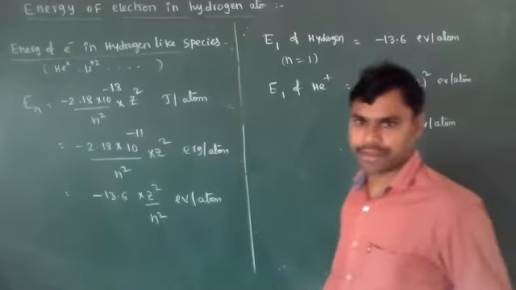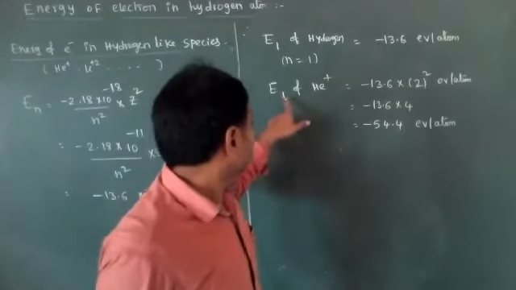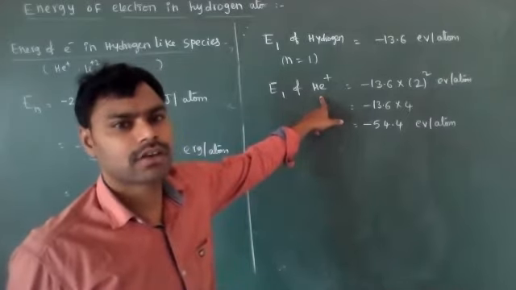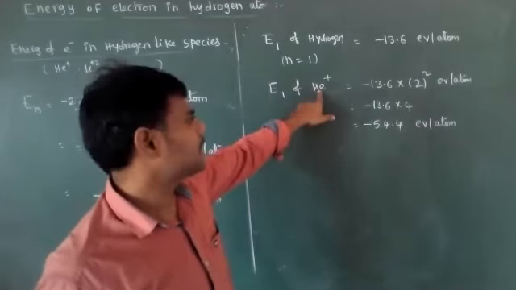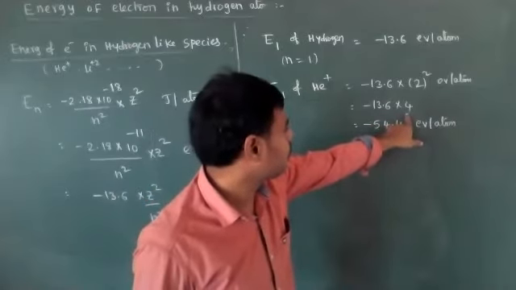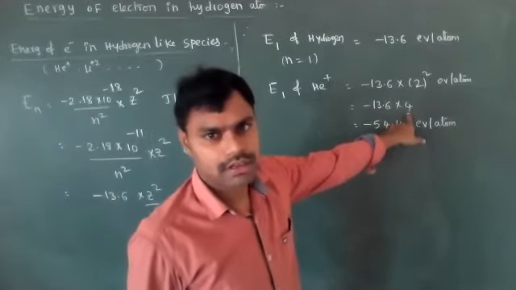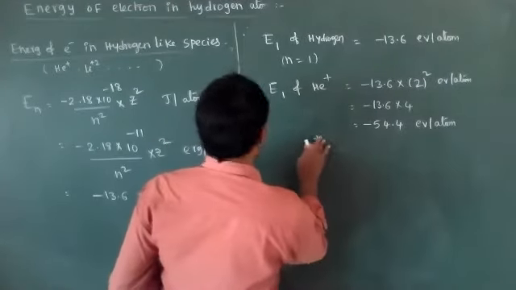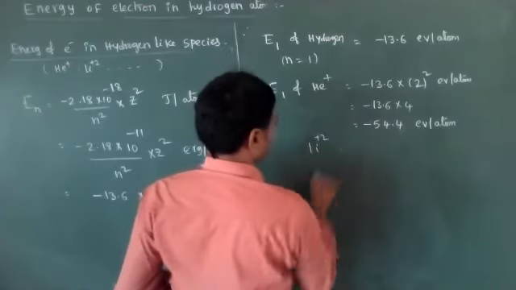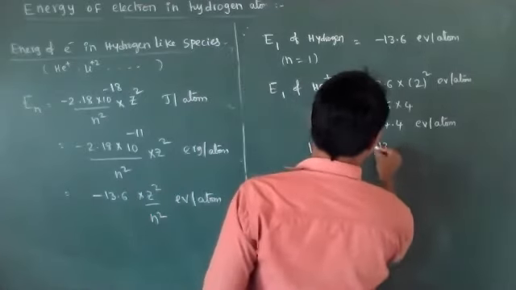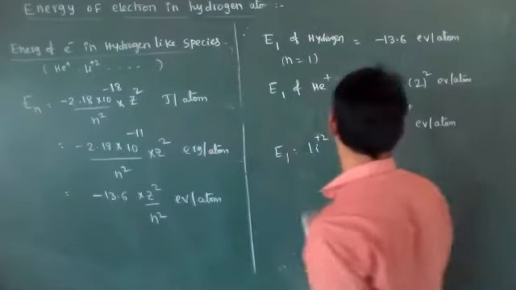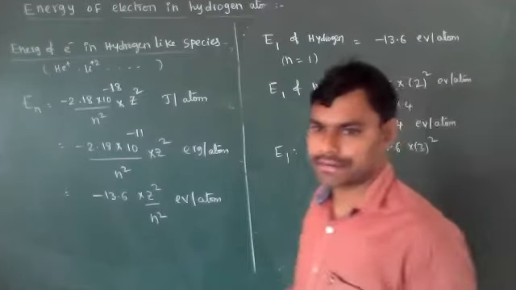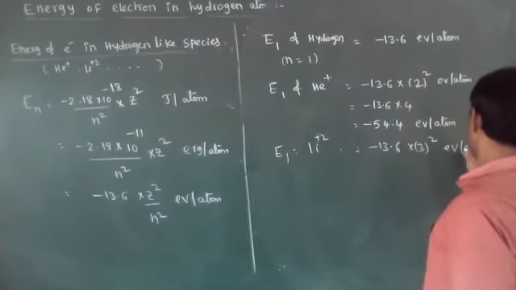In the same way, the energy of the electron in the first orbit, E1 of helium, is 4 times more. And similarly Li2+ ion: minus 13.6 into 3 square, and 3 square is 9, in electron volts per atom.